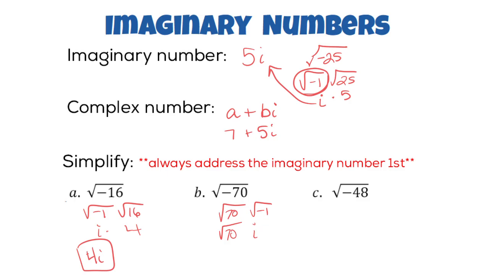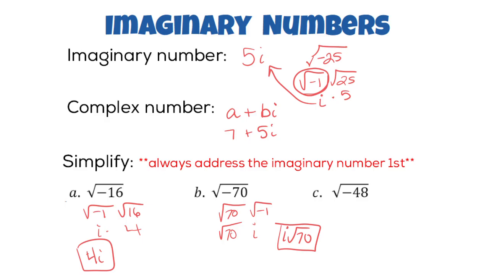Sometimes you'll also see that written i square root of 70. In all honesty, I prefer this method because we don't accidentally get the i tucked underneath the radical, because it should not be. It has to be separate. So this is the preferred method, by me at least. I'm not saying that you won't find it written this way other places.